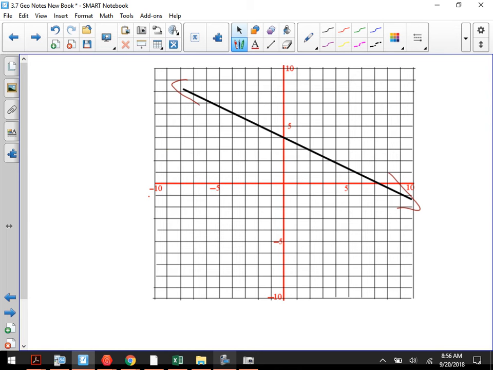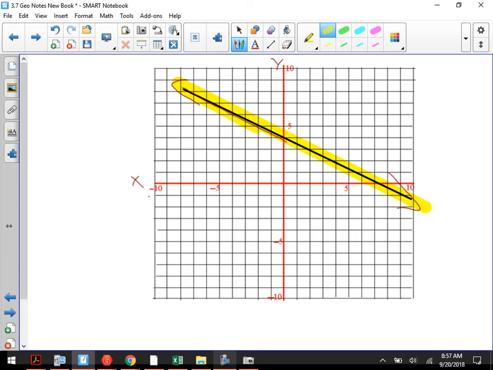As I'm following this line here, as it crosses the y-axis right here, what's the value of x? Do you guys know which one's the x and y-axis? Okay, so this is your x-axis, and this is your y-axis.